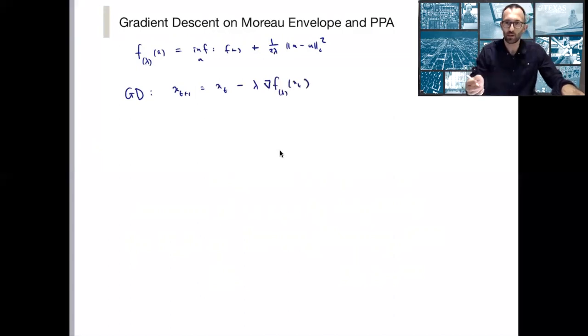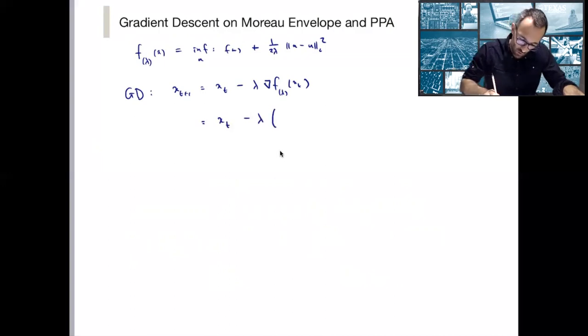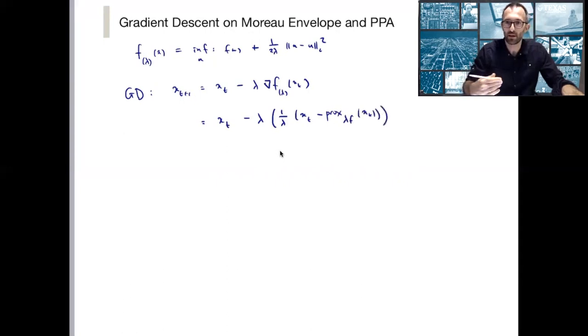And now I'm just going to plug in what I had on the previous slide. This is equal to x t minus lambda times 1 over lambda times x t minus prox lambda f of x t. This is the first equality at the bottom of the page. And just multiplying out, we see that indeed this is just equal to the prox of x t.